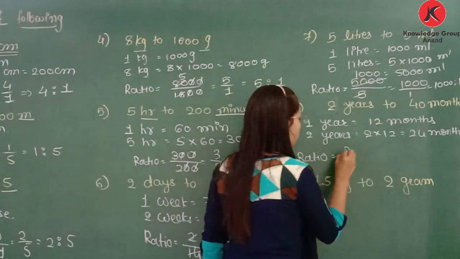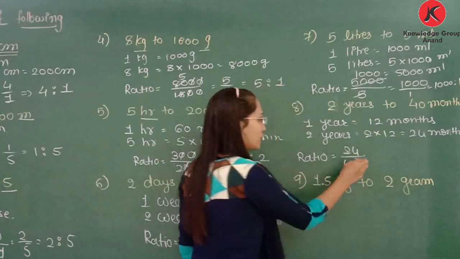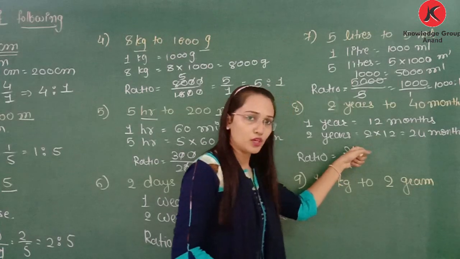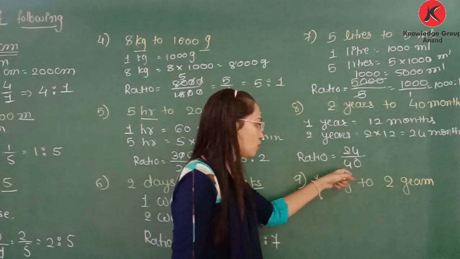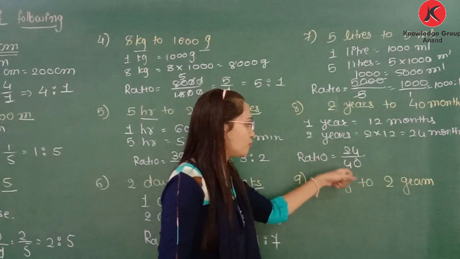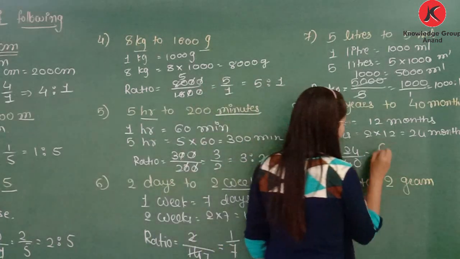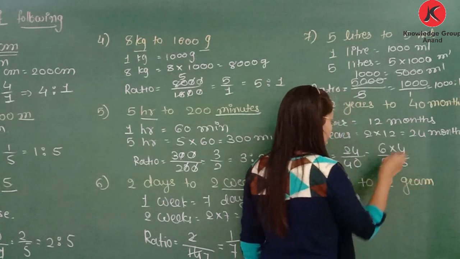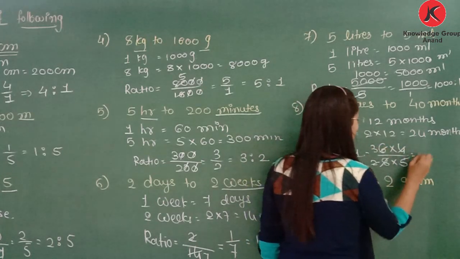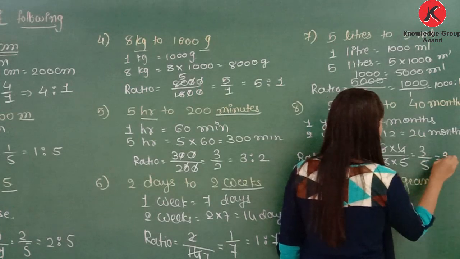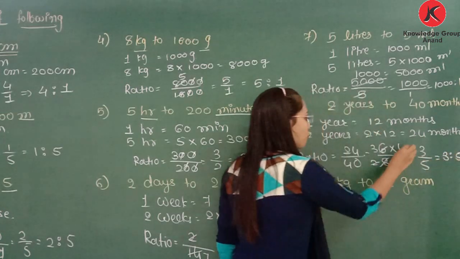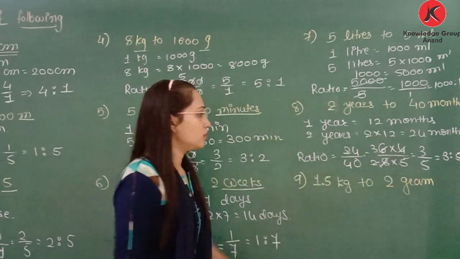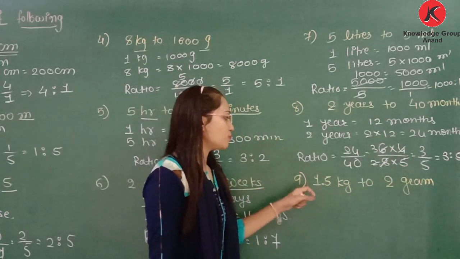The ratio will be 24 divided by 40. 2 years is equal to 24 months, so 24 will be the numerator and 40 will be the consequent. Now cut the common factor. 4 2s are 8, 2 3s are 6. So here 3 divided by 5, so the ratio is 3:5. So 3 by 5 is the answer for the given ratio.